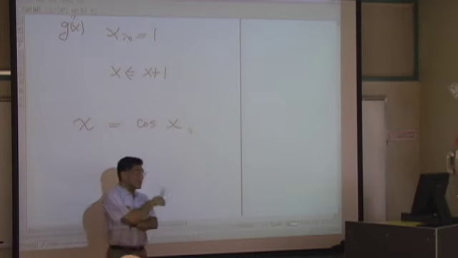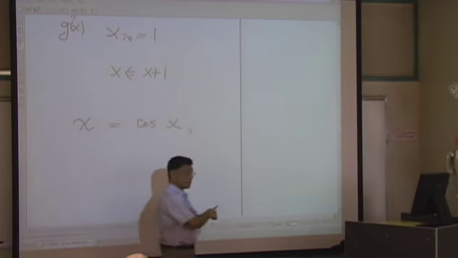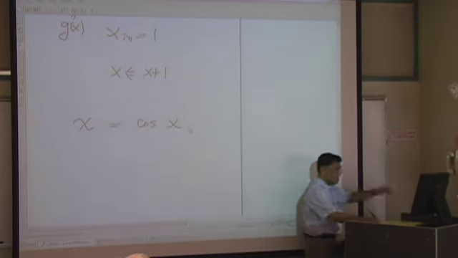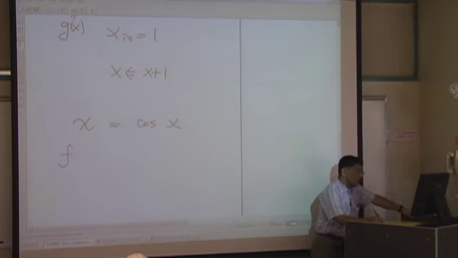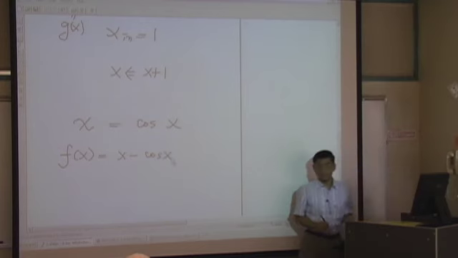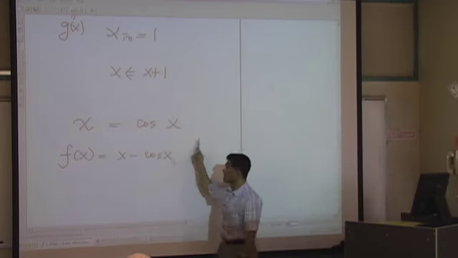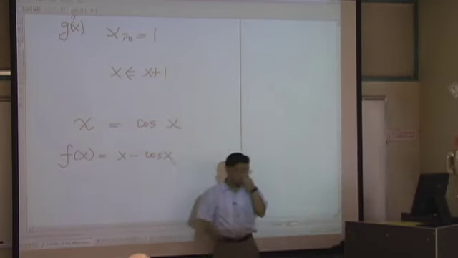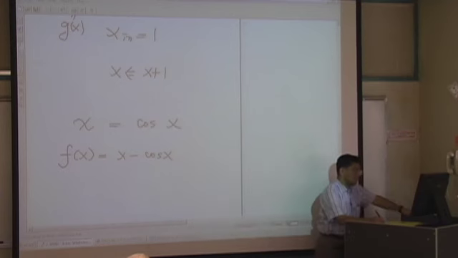So one idea was Newton's method, right? So this can be done. I can define f of x, and f of x equals x minus cosine x, right? Then this should be 0. Then f prime can be found. F prime of x is 1 minus cosine x derivative, right?